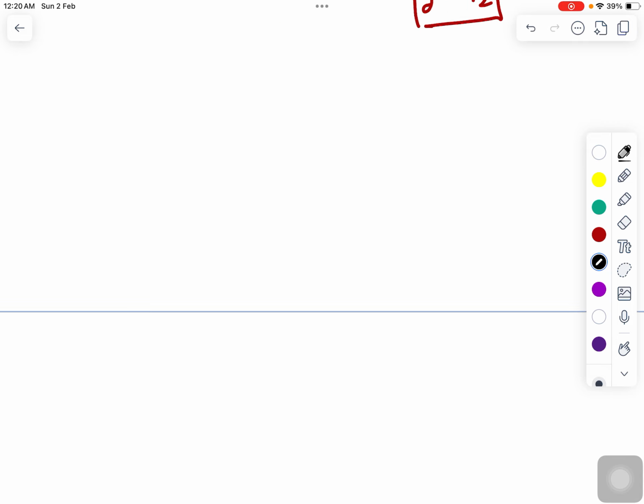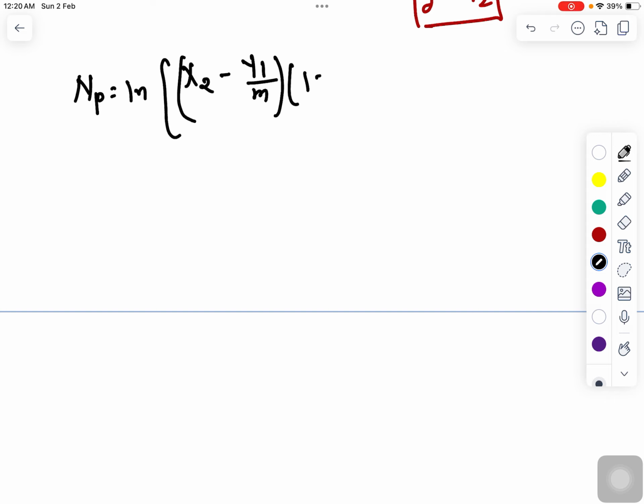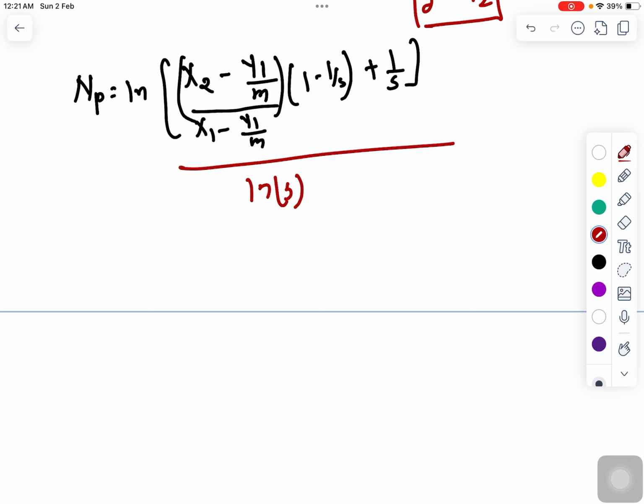When we use this formula for number of stages calculation, the formula is N equals ln of x2 minus y1 divided by m, into 1 minus 1 upon S plus 1 by S, divided by x1 minus y1 divided by m, and divided by ln S. So you know what x2, x1, y1, y2 are.